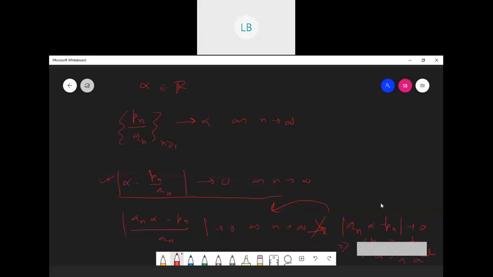But if the sequence converges to it and, not only that, this Qn alpha minus Pn thing goes to 0, then we say it is a two-well rational approximation. Just note that all rational approximations may not be two-well rational approximations, but any two-well rational approximation is a rational approximation.